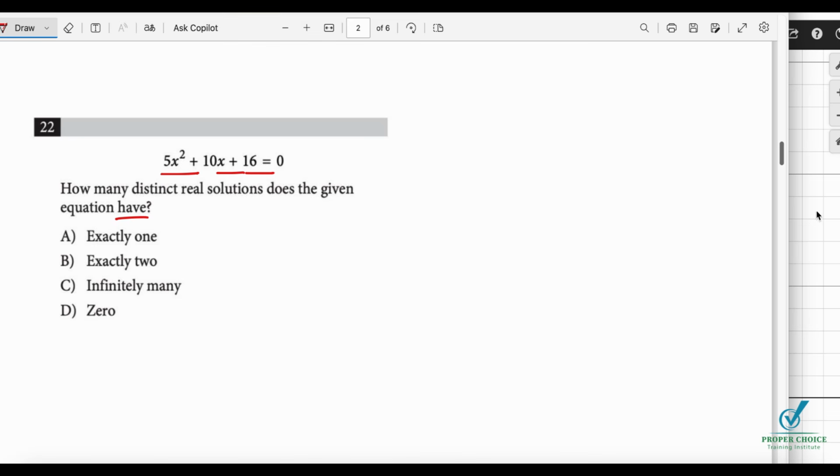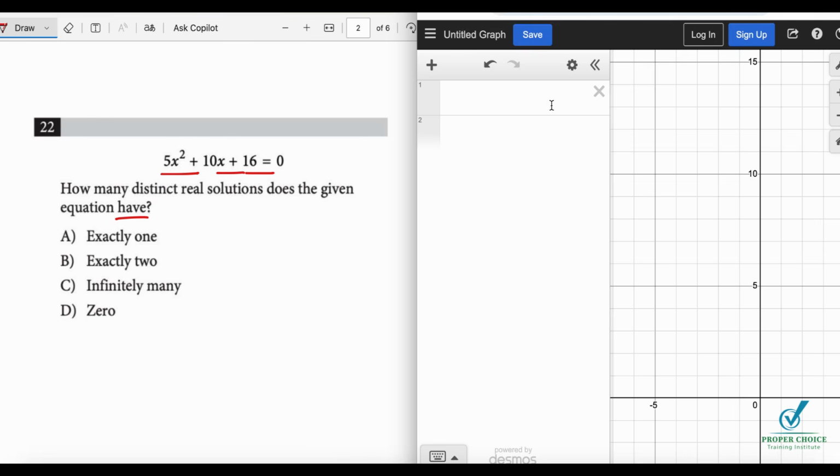If the graph is intersecting the x-axis at only one point, then we say one distinct real solution. And if nothing is shown after typing, then we say it has no real solution, or we can say it has zero solutions.